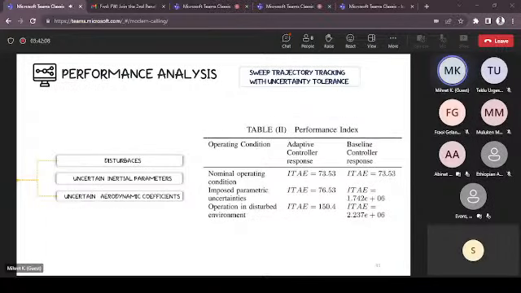The performance has been further analyzed by using the integral time absolute error, and it can be seen from the nominal system behavior that the baseline controller fails to stabilize in terms of disturbance rejection and parameter uncertainty tolerance. But the adaptive controller has maintained its design time performance even though these parameters were imposed.